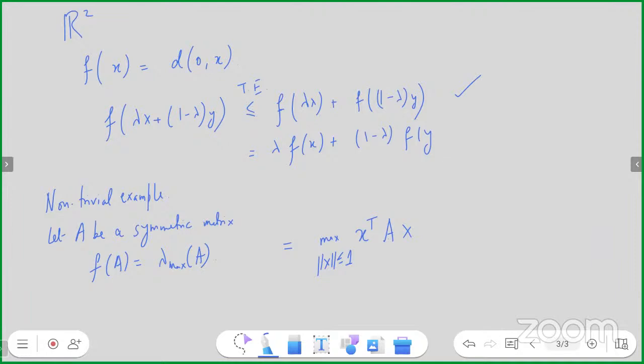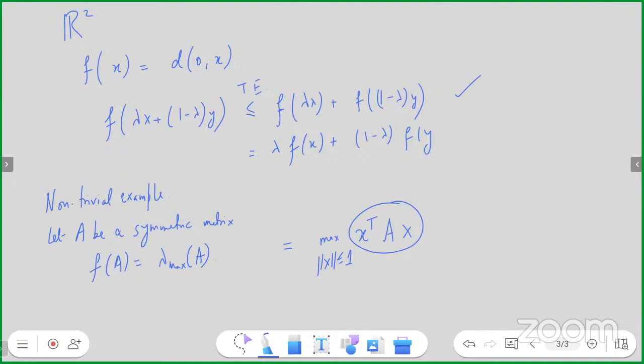For each x, this is some fixed quantity. But what is this over? It's a max over something, over all x. What kind of function is this? This is linear in A. And what are you doing? You're looking at the max over lots of them.